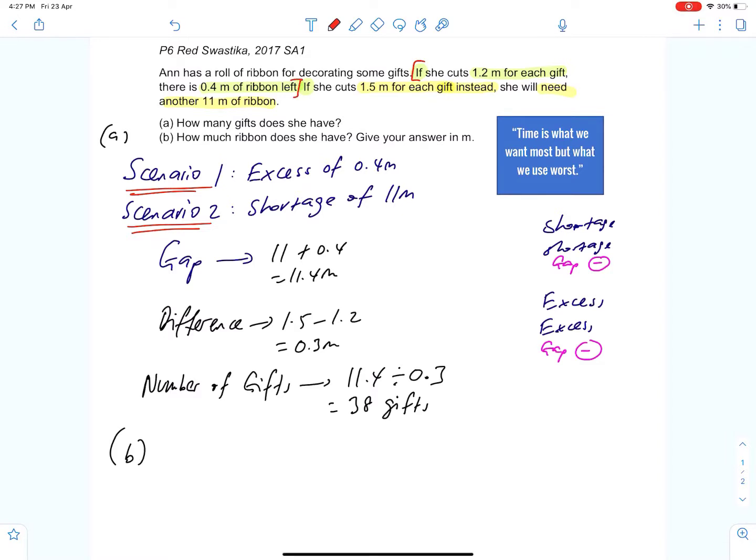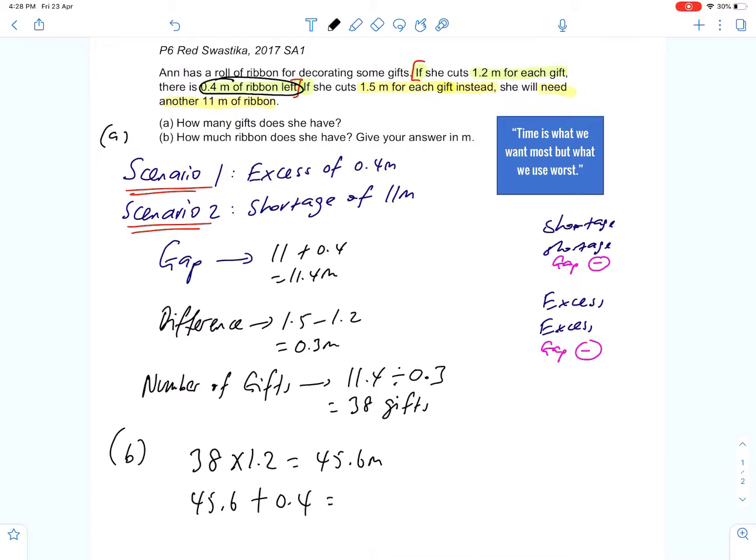Now, if she cuts 1.2 meters for each of the 38 gifts, she will be using 38 times 1.2, which is 45.6. But don't forget, she will be left with 0.4 meters of ribbon. So in actual fact, she had 45.6, which was used for the gifts, add 0.4. So 46 meters. This is using scenario 1.